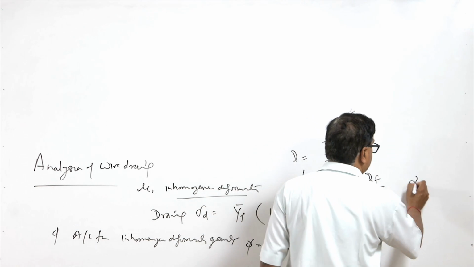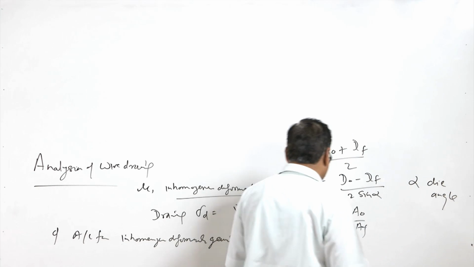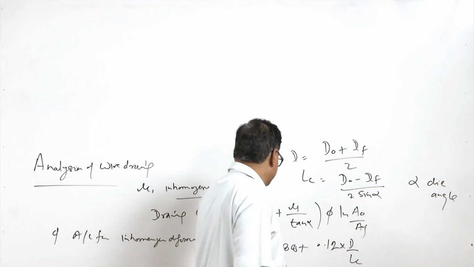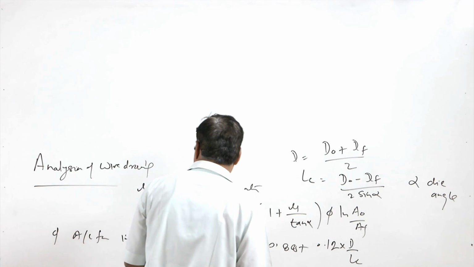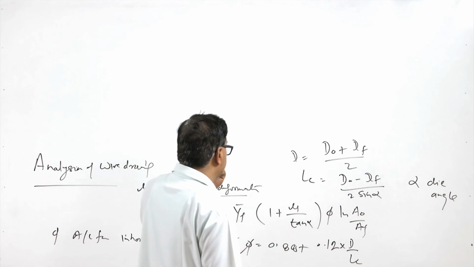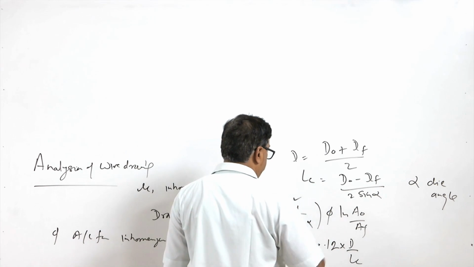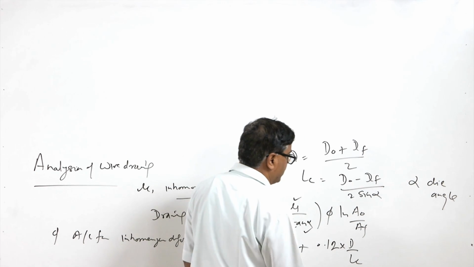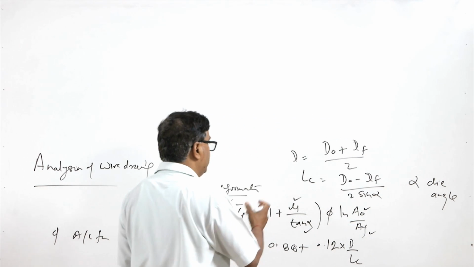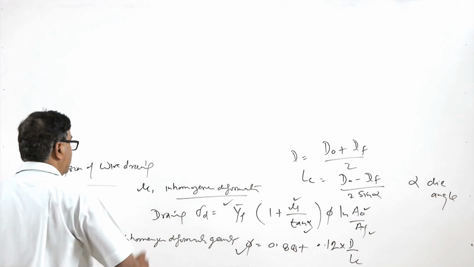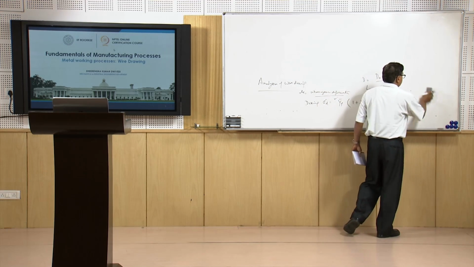So, now alpha is the die angle as I have mentioned earlier, and d is the average diameter. So, this is what is used for calculating the phi, which accounts for the inhomogeneous deformation geometry, and the rest of the parameters are known, like average flow stress, mu the friction coefficient, alpha the die angle, and the initial and the final cross sectional area, and phi we can calculate. So, this can be used for determining the drawing stress.